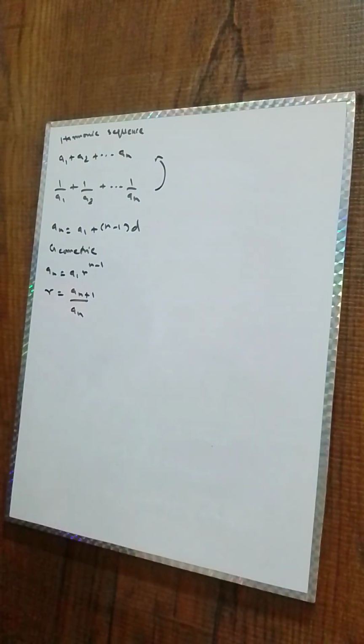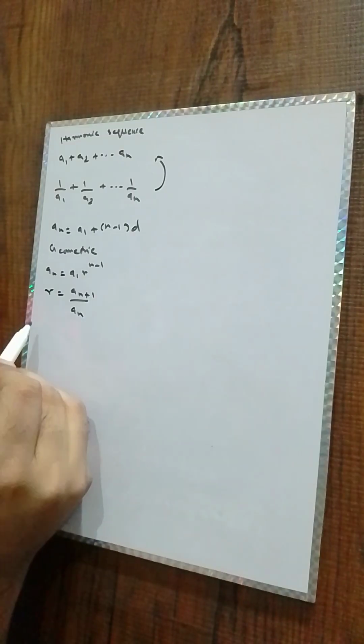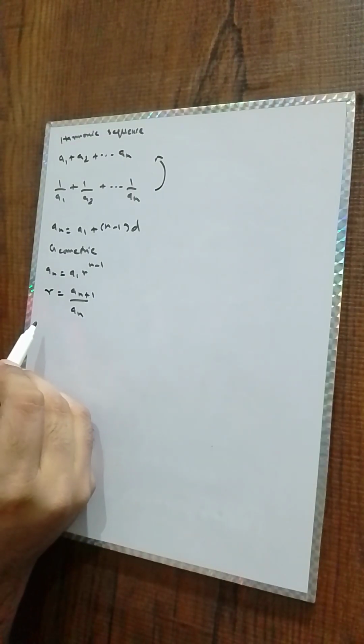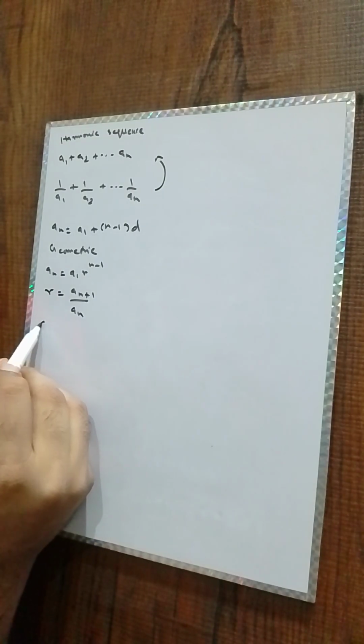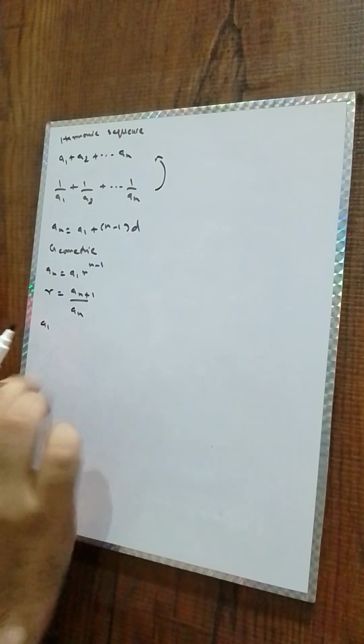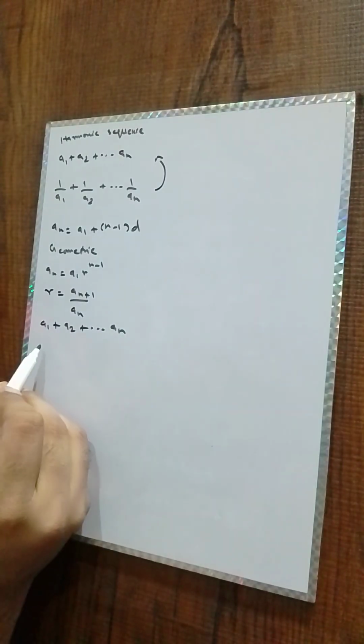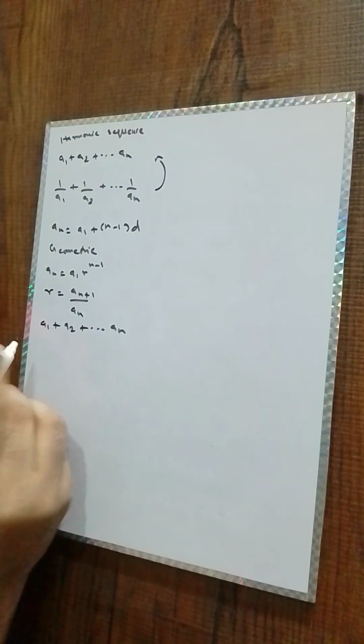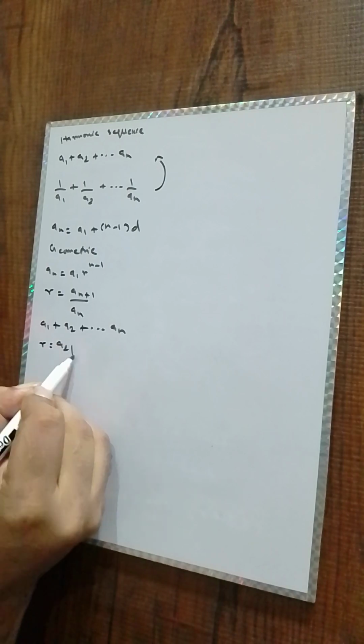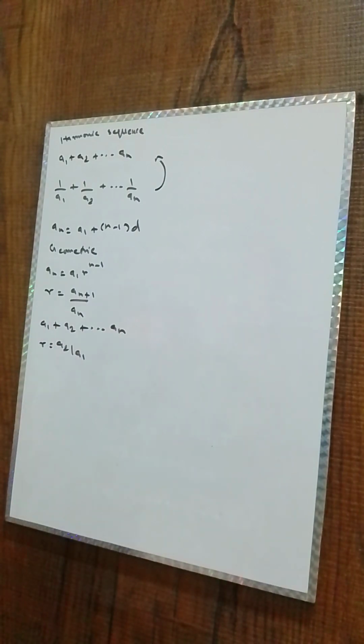The next term divided by the previous term gives us the ratio. So when we have a sequence which says a1 plus a2 plus up to an, r would be a2 by a1.